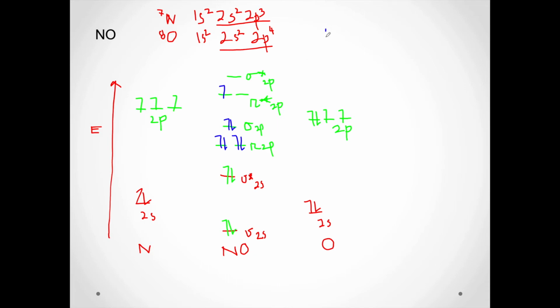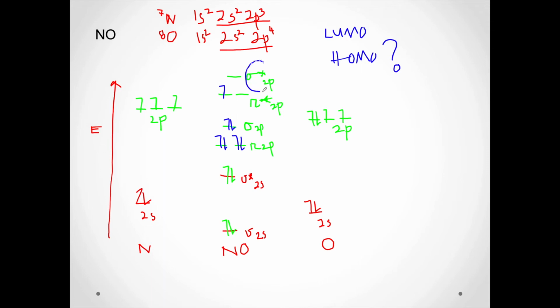So where is actually the LUMO and also HOMO for these molecules? The LUMO, lowest unoccupied molecular orbital, is where you have 0 electrons. So where is your 0 electron?